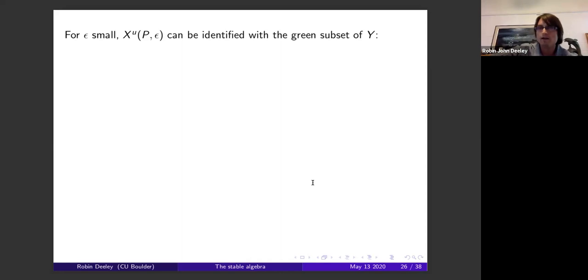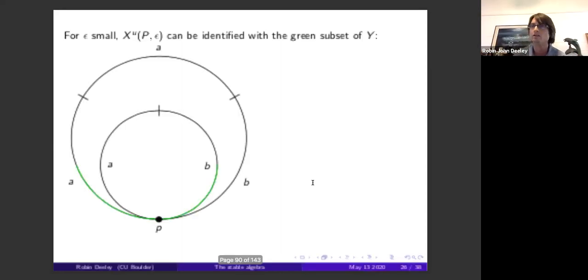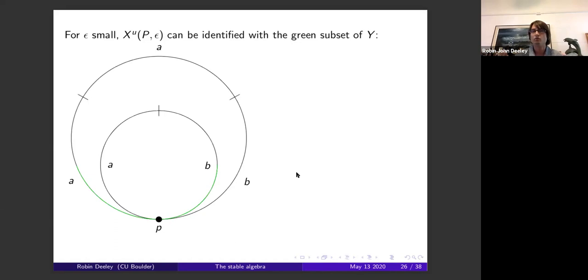All right, the reveal now. So here is the green subset that this gets identified with. And I think the first thing you would notice is that perhaps you would guess that it shouldn't be exactly this. The first guess would be that it's a neighborhood of this point P, right?